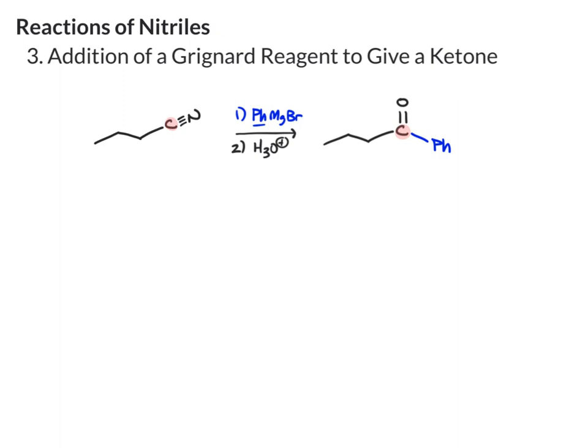Okay, so let's look at how this is occurring. So this is kind of reminiscent of the LAH reduction's first step, because what we're doing is we're taking a nucleophile and adding that to the nitrile carbon.